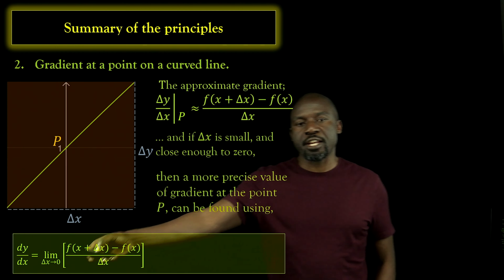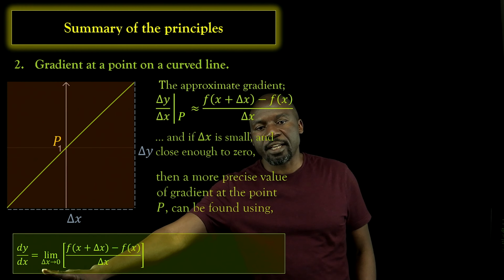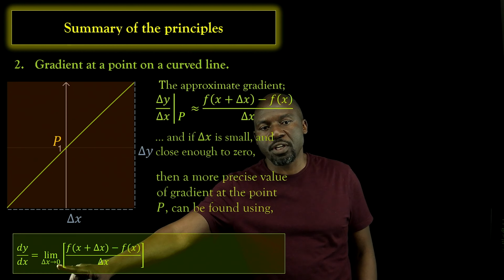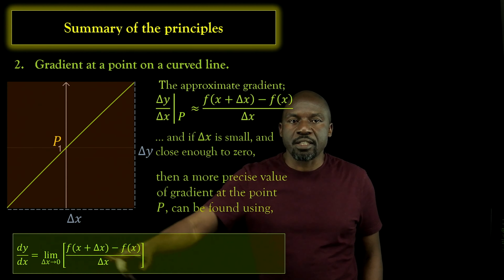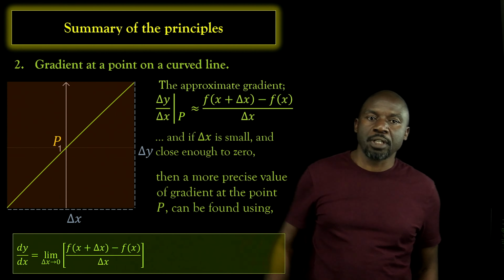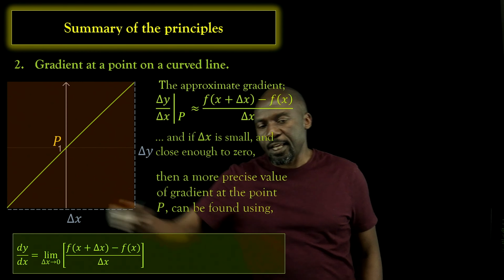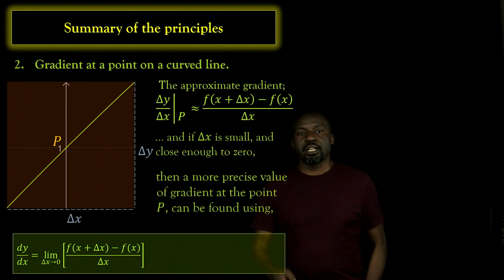When we find that gradient, when the value of delta x is becoming very, very small, approaching 0, then the gradient we find is called the derivative of the function, which is this line here, the derivative of that function at the point P.